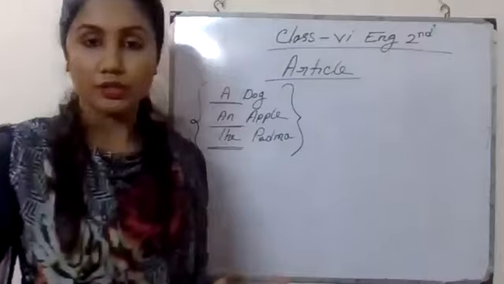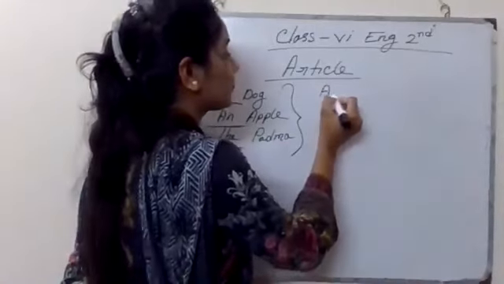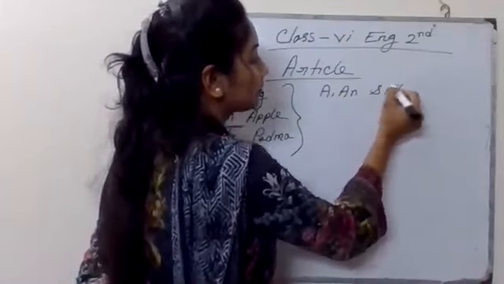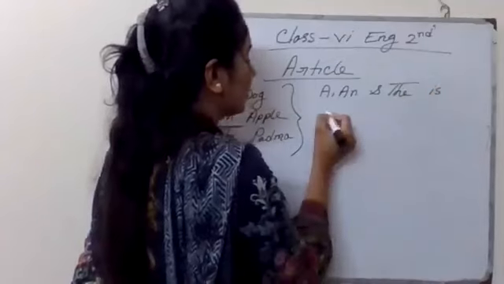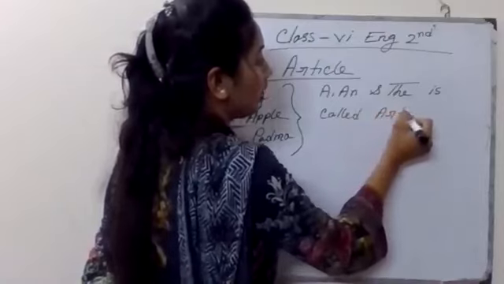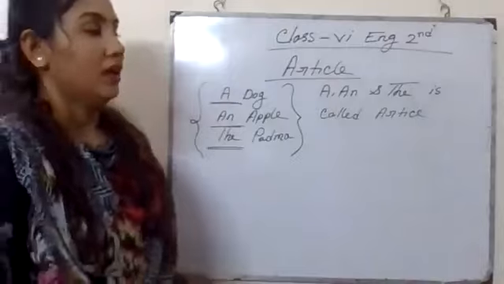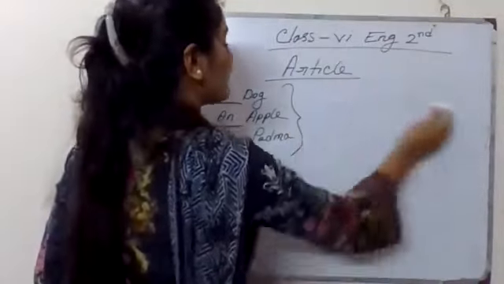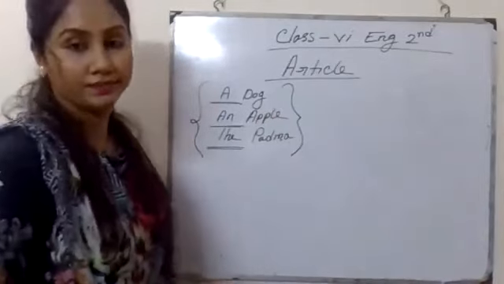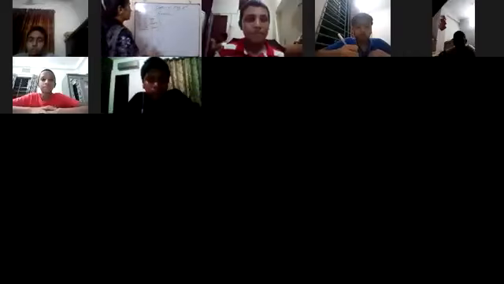So, in short, we can say that a, an, and the are called articles. After knowing what an article is, you have to know the classification of articles.